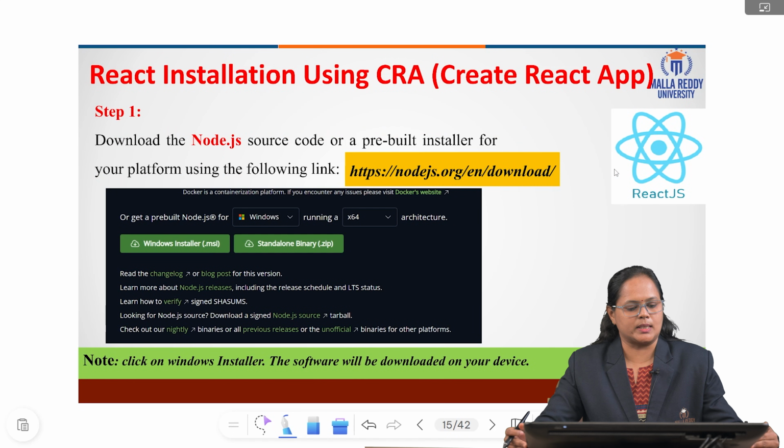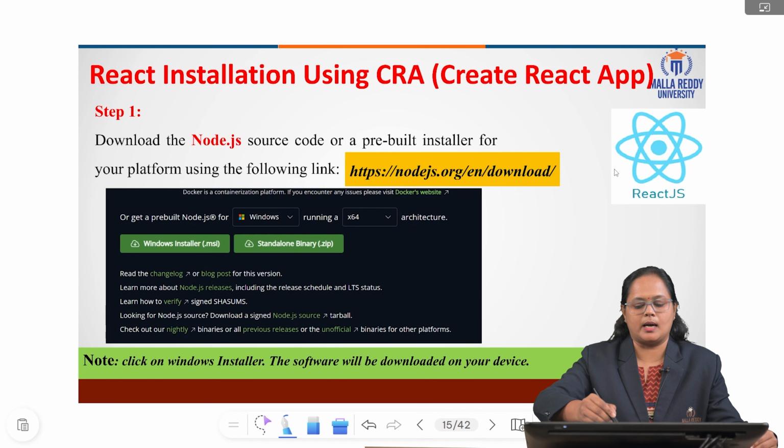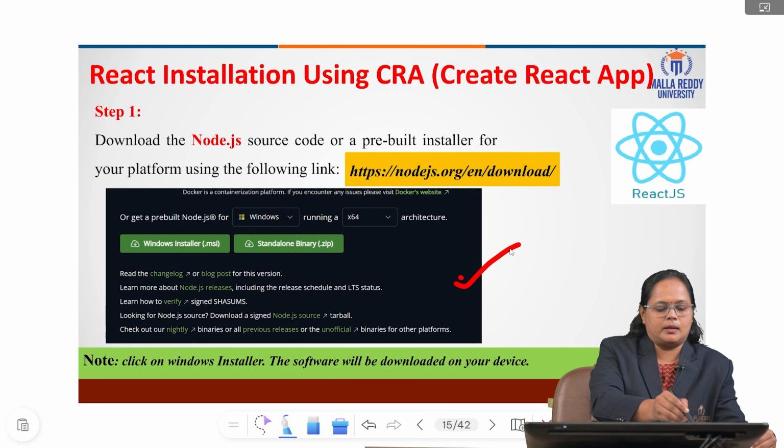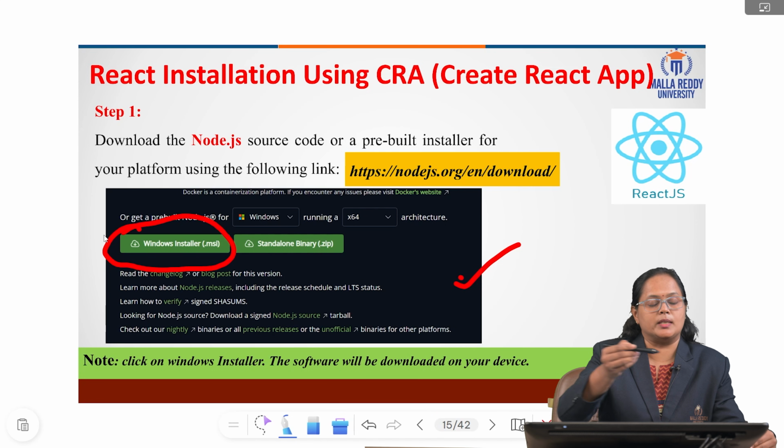React installation using CRA needs Node.js to be installed first. How to install Node.js? Open Google and type Node.js, and click on the download. Now here you'll see the Windows installer.